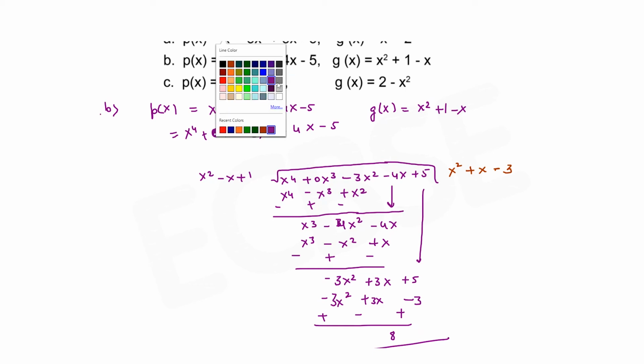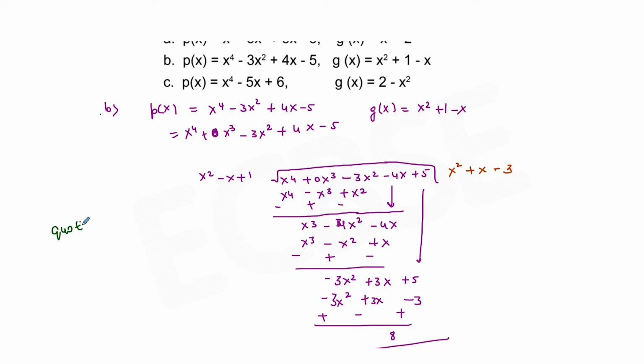So from the whole division we can write that the quotient here is equal to x square plus x minus 3, and the remainder clearly can be seen is equal to 8.